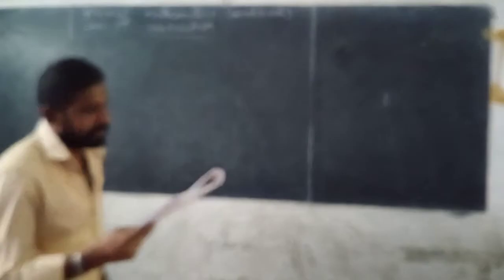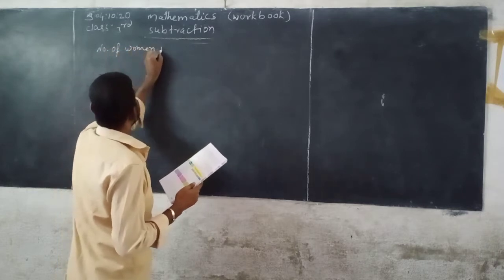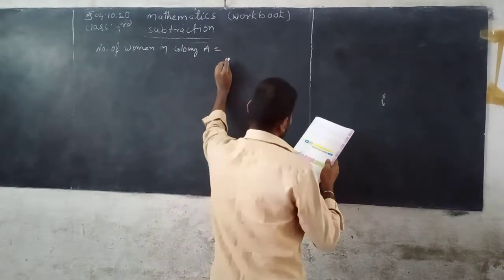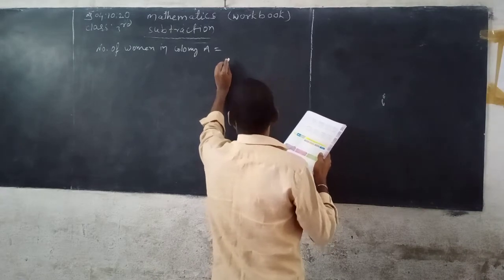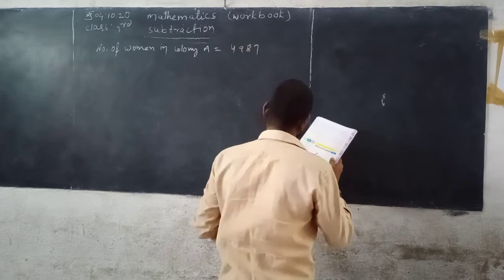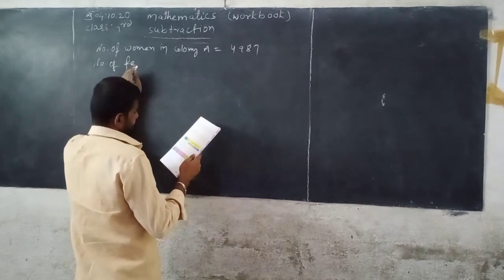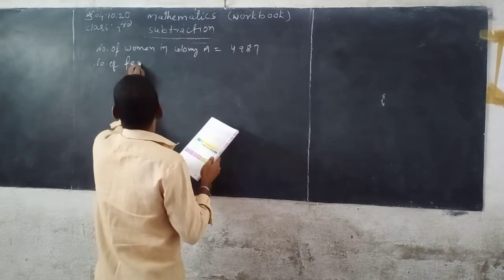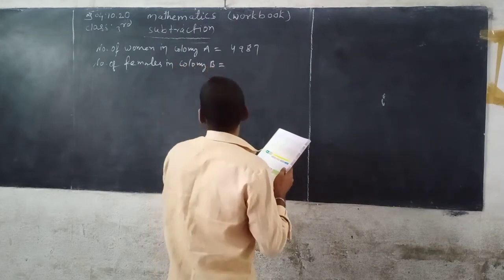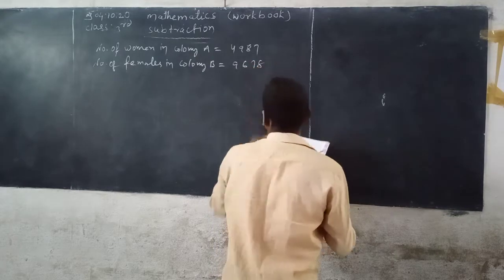See here, number of women in colony A is 4,987. Number of females in colony B is 9,678.